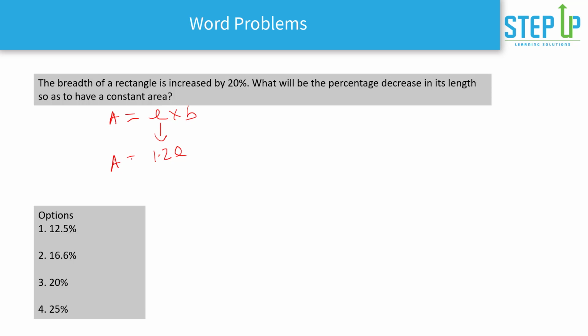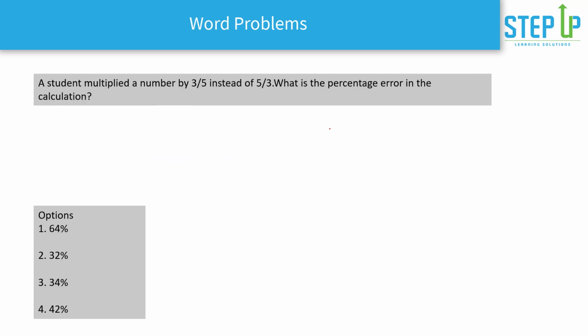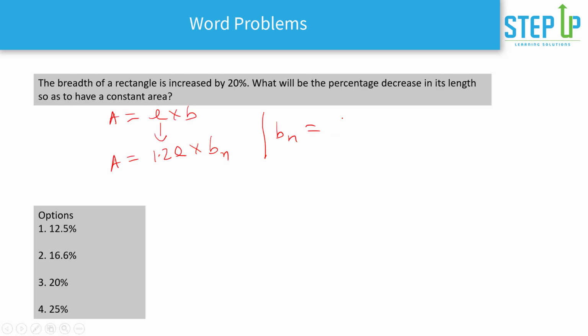But the area remains constant. So they are asking what would this breadth decrease by? So you have to calculate this new breadth. So again, if you equate the two, you will get Bn equals to L gets cancelled, B by 1.2, or it will be 0.833B.